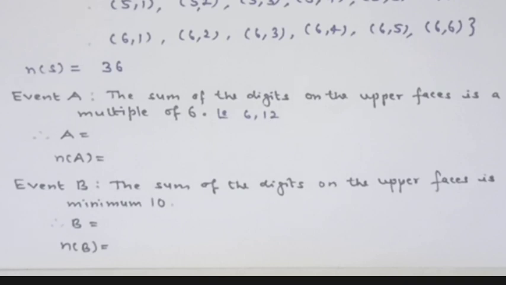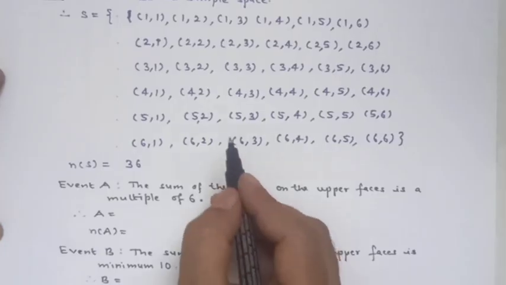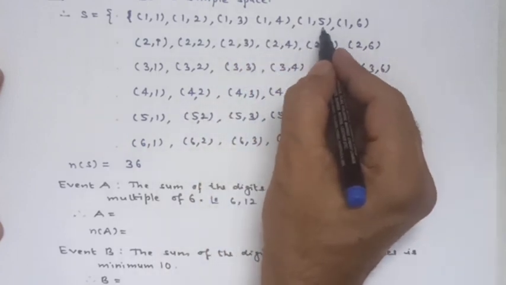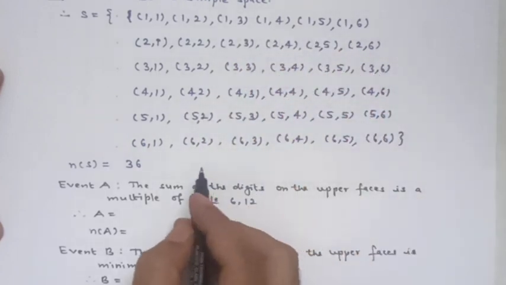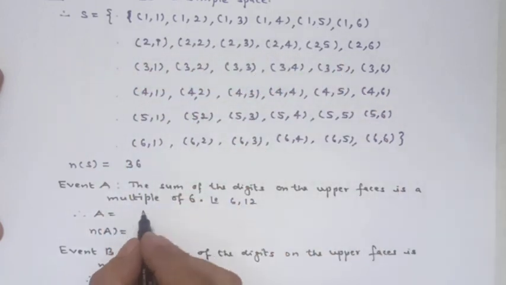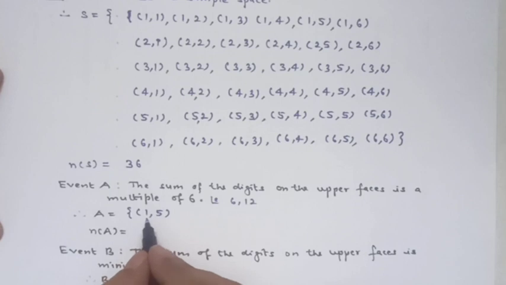Now find out the different choices for how you can have 6 and 12. So let's check for 6 first. When I go in the first row, 1 and 5 will give you 6. If you don't want to look at that, directly you say when it is 1, then the other will be 5.